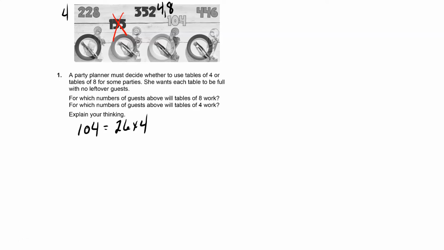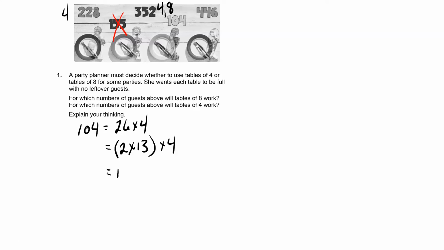Now the question is, is 104 divisible by 8? And because we've learned this already, we can actually use that information to help us in determining its divisibility by 8. If 26 times 4 is equal to 104, I can take the 26 and break that into 2 times 13, and then multiply that by 4. Because 2 times 13 is 26, multiplied by 4, it's the same. I can also then rearrange all of that.